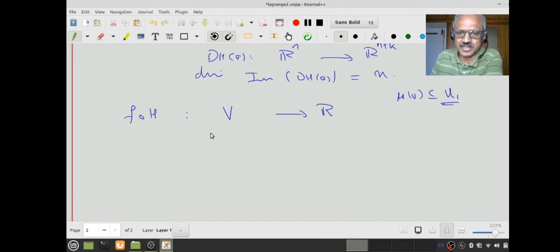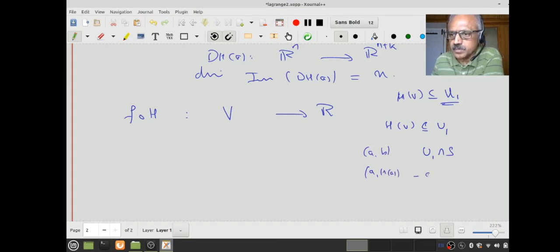Okay, very good. So this happens, right? Now what do I know? Now remember what is h of a. So h of b is contained in u1, and I know on u1 intersection s the point a comma b, namely a comma h of a, is a point of local maximum. Similarly, minimum for f on u1 intersection s. Right? Do you follow that?